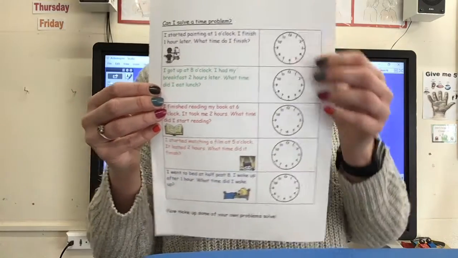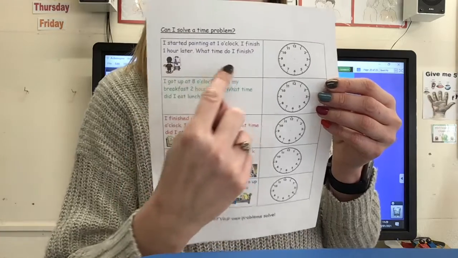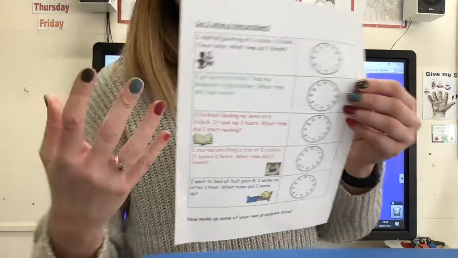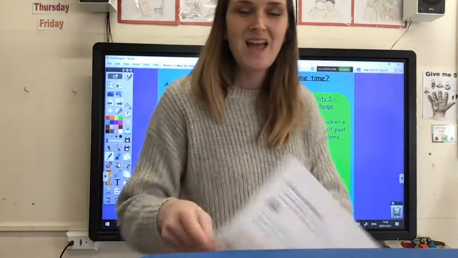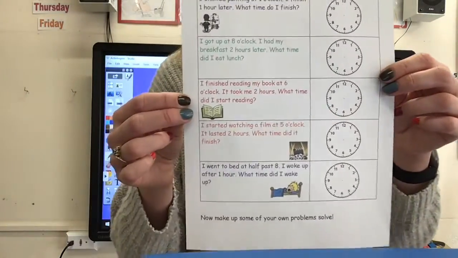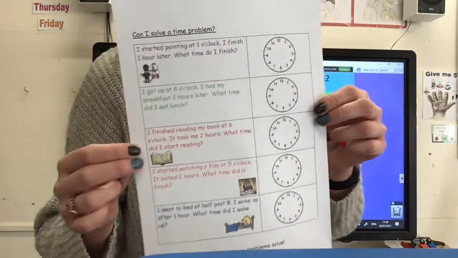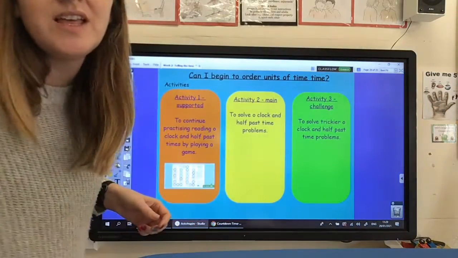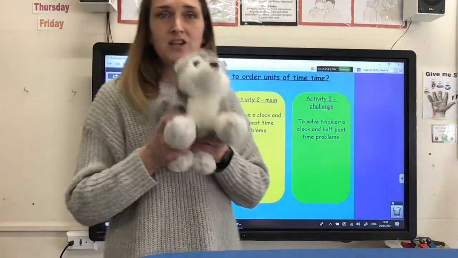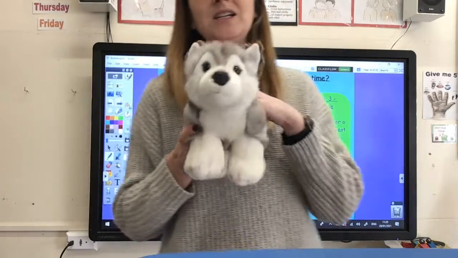So this is going to be the answers. If you find that a bit tricky, just have a go at writing the time underneath. So you could write 12:30 if that was your answer, okay? And there's a bit more of a challenging one with bigger amounts that you need to add or take away from those times.